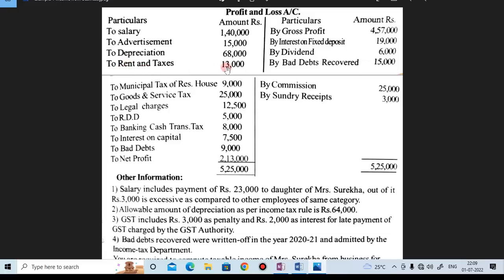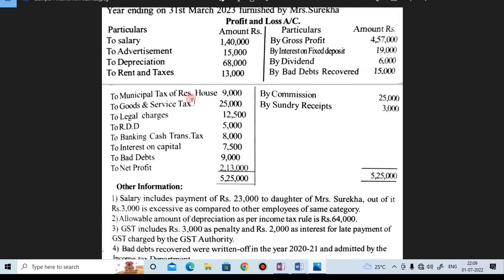Next, after depreciation, rent and tax 13,000. It is fully related to business expenditure. Next is municipal tax of residential house. How much is it? 9,000. Now is this a tax paid for business? No, it is residential.